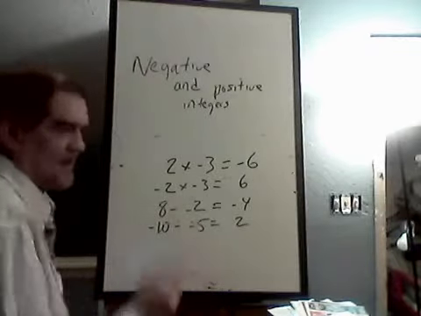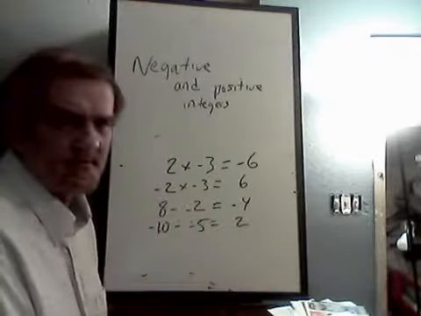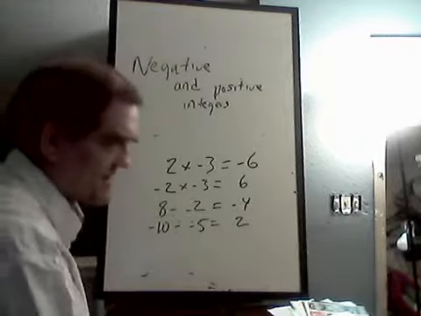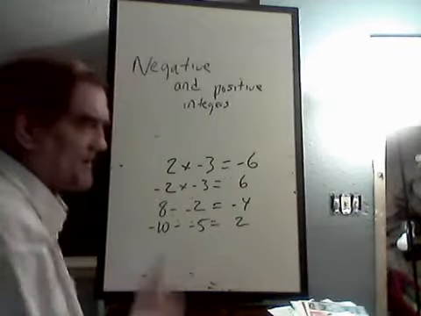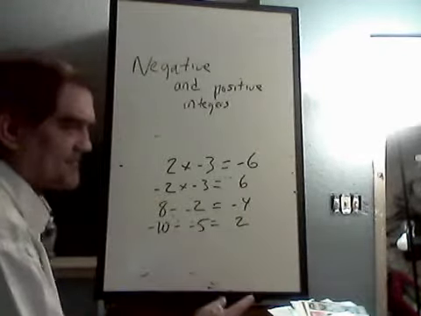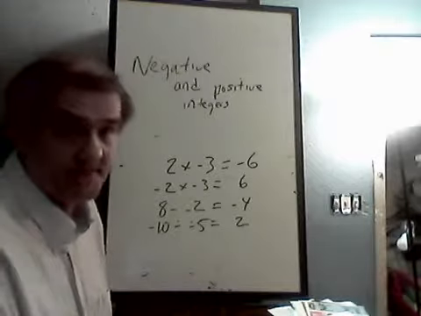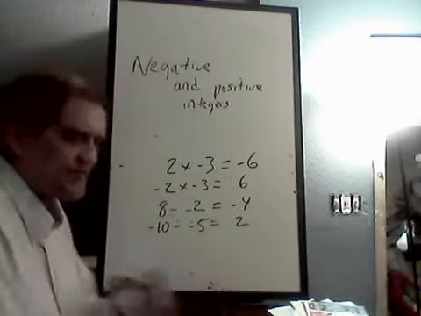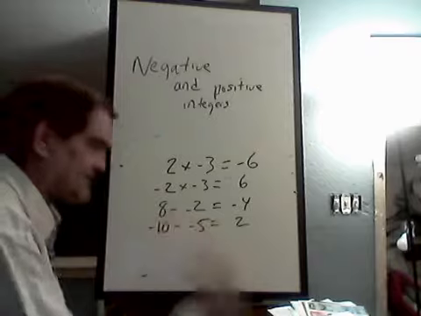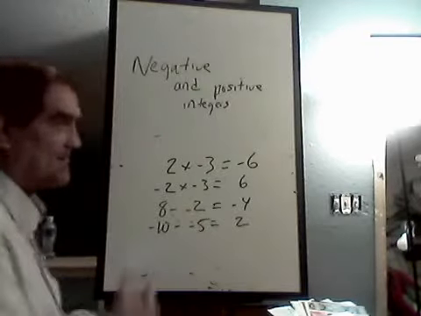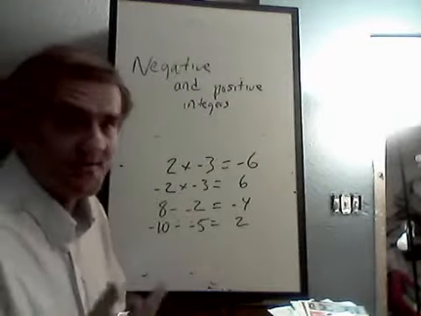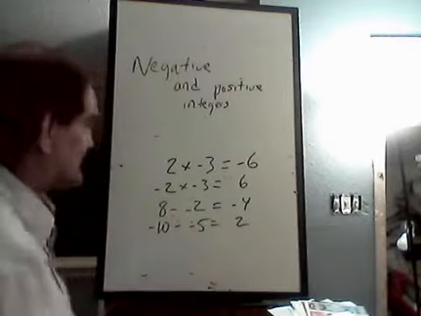A negative times a negative is a positive. If it's a negative times a positive, it's a negative. Okay? You've got to get into the rhythm. You've got to practice this and remember it. It's a routine you get into.